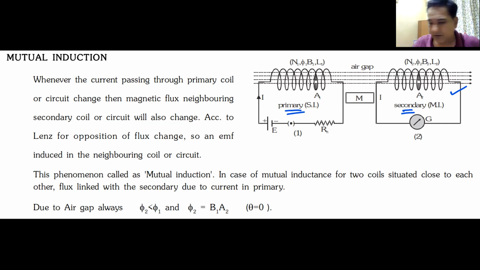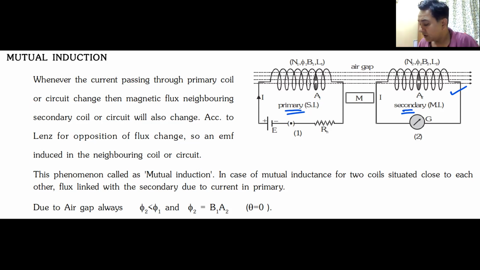This phenomena is known as mutual inductance or mutual induction, because if I change the current in the primary coil, EMF will be induced in the secondary coil. This phenomena of induction of EMF in the secondary coil because of change of current in the primary coil is known as mutual induction. Do we understand this?